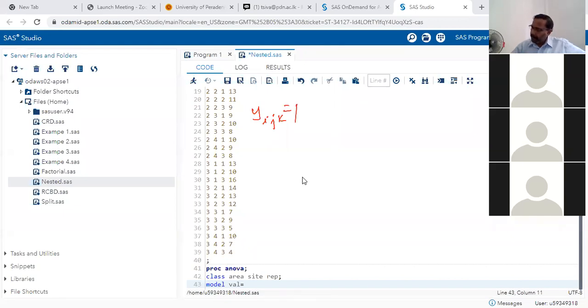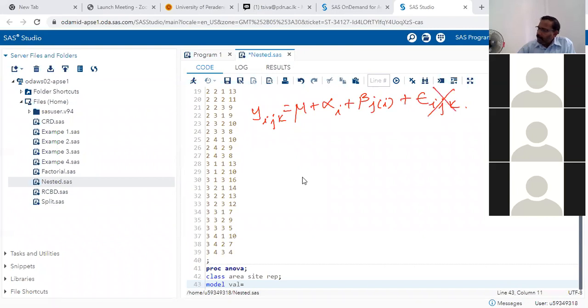Mu plus alpha I plus beta J nested into I in brackets, plus E K J I. Right. So this is the model.